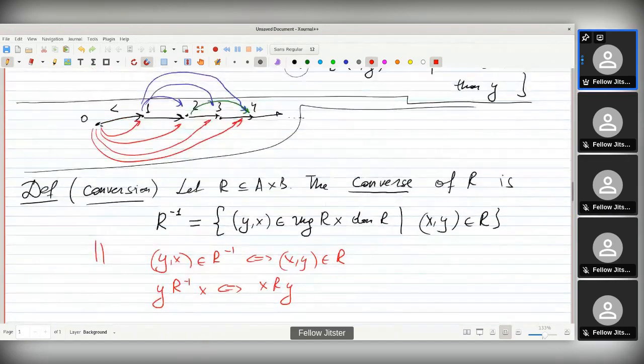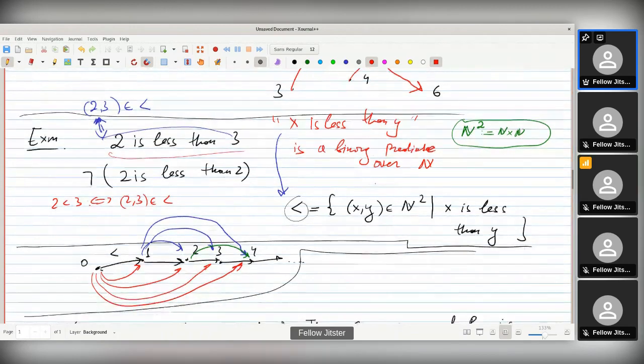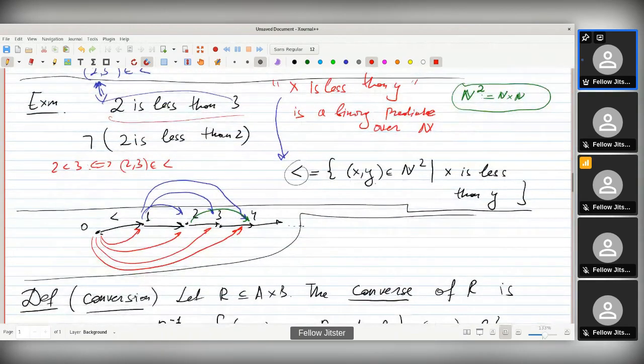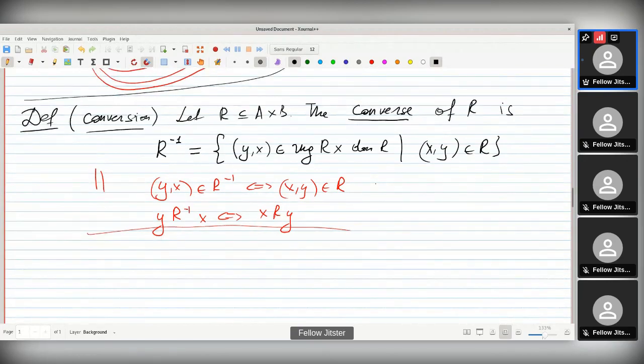By the way, our usual formalism that 2 is less than 3 now means just that 2, 3 belongs to our less than relation. Similarly here. So this conversion operation just swaps the first and the second coordinate in every pair.